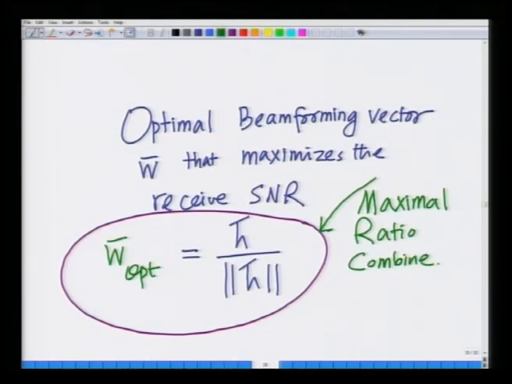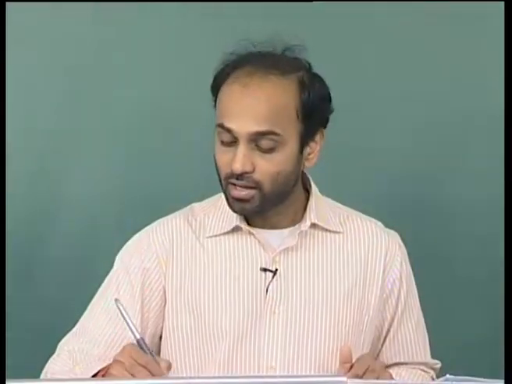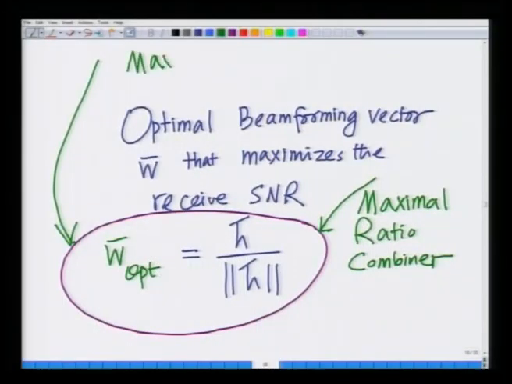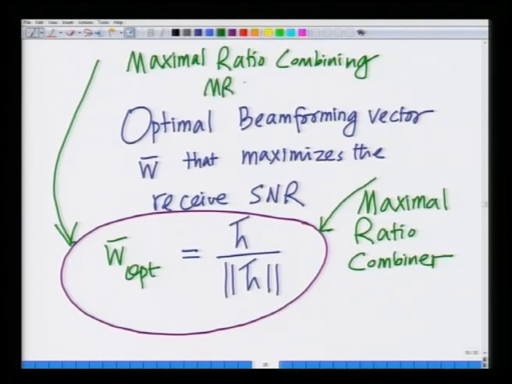In a receive antenna system with multiple receive antennas, the beamforming vector given as h bar divided by magnitude h bar, where h bar is the vector of fading coefficients, is nothing but the maximal ratio combiner, and this technique has a name. This is known as maximal ratio combining or MRC.